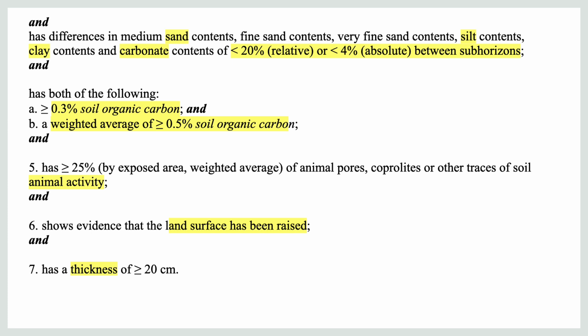This is enough to register that one specific land surface was raised in the past by human action. And again, we have some minimal thickness, in this case 20 centimeters.